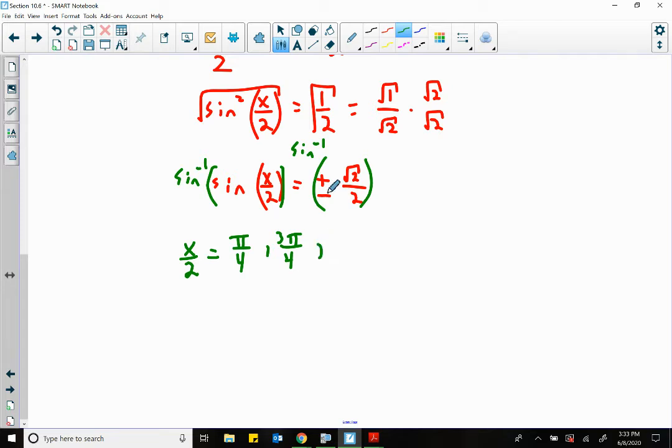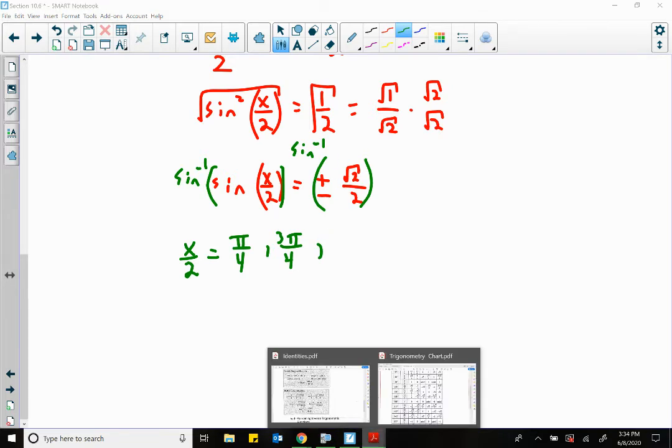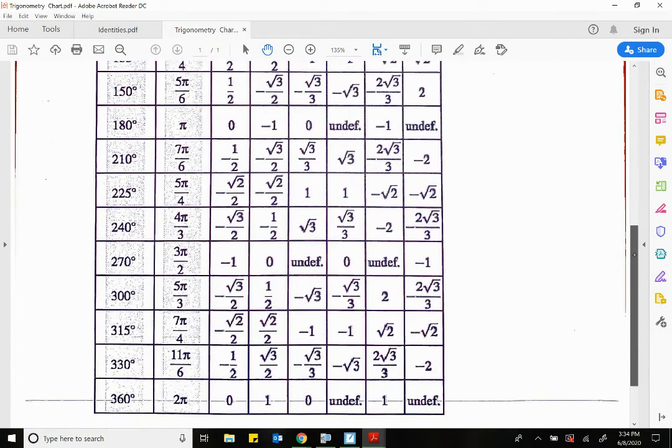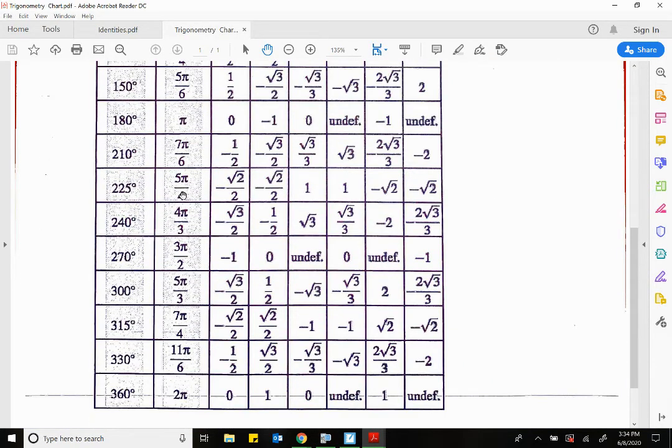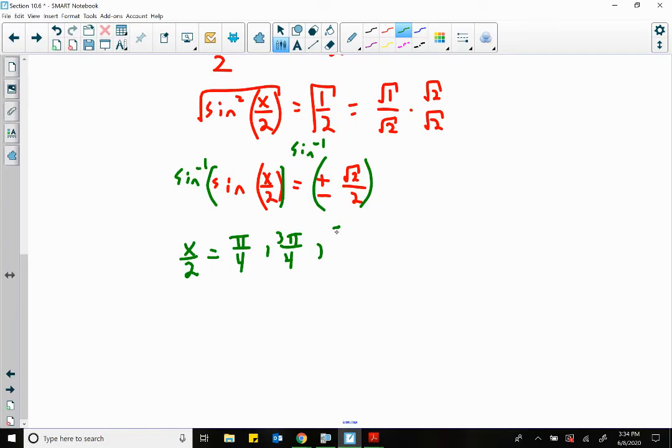When is sine negative square root of 2 over 2? Well, that happens at 5 pi over 4 and 7 pi over 4. Okay?